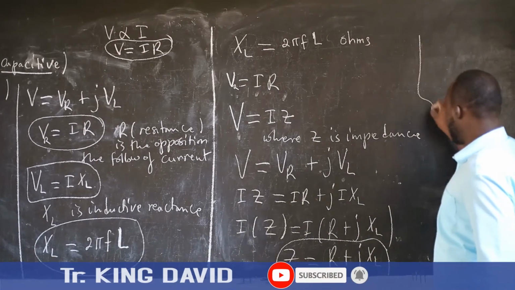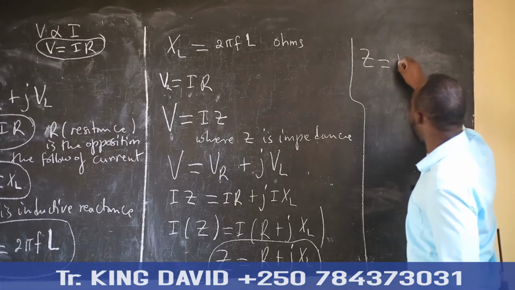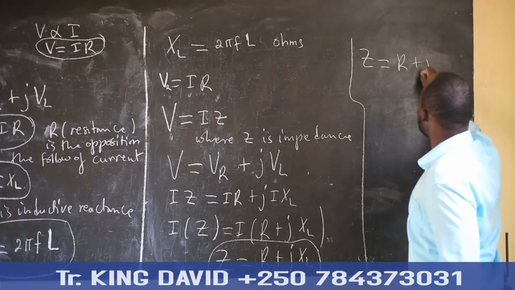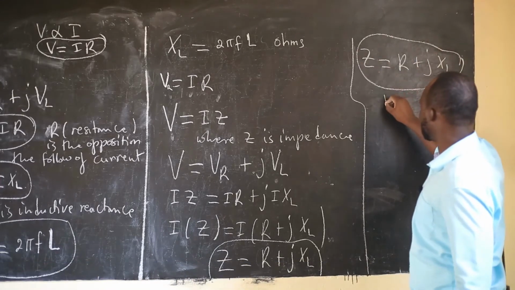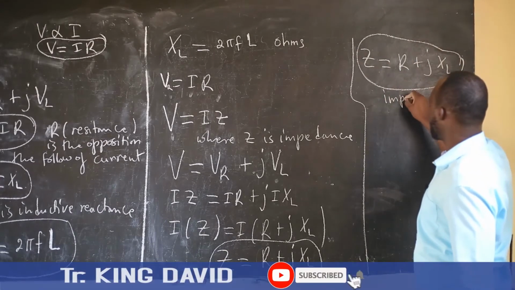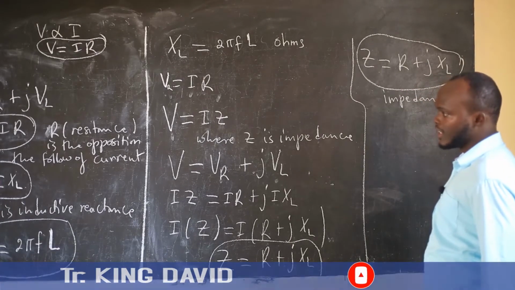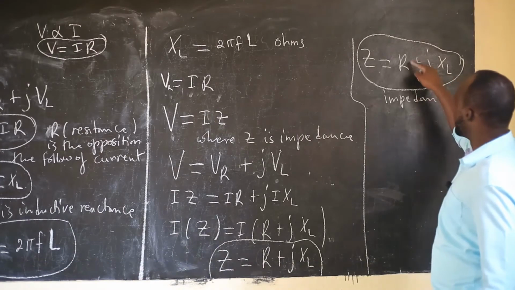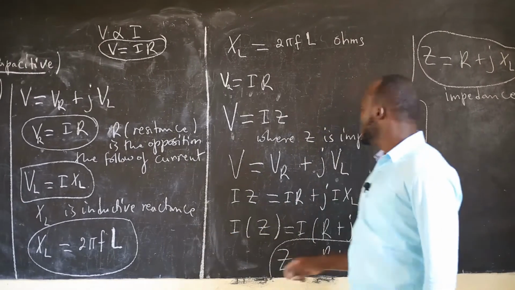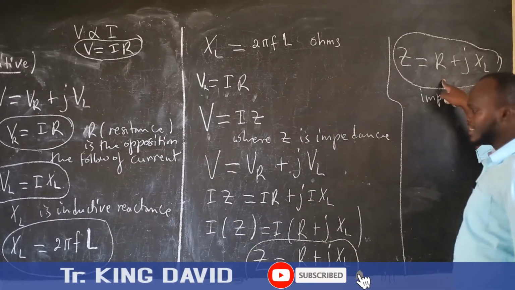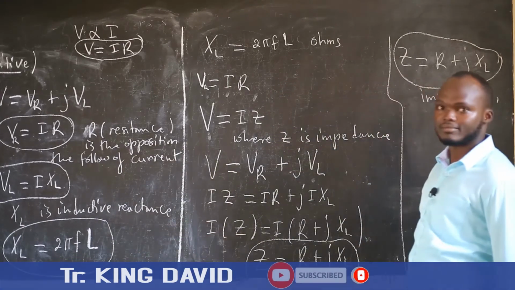So our Z, which is impedance, has the formula R plus jXL. This is what we call impedance. When it is positive, it means that we have inductive reactance. When you find a positive here, you have inductive reactance.